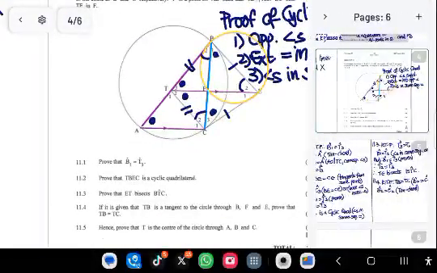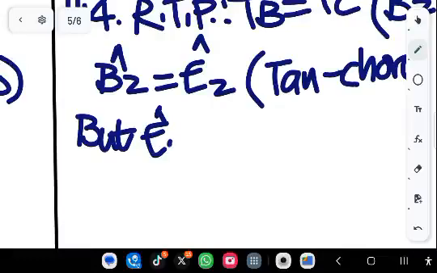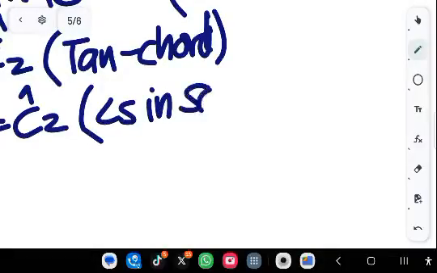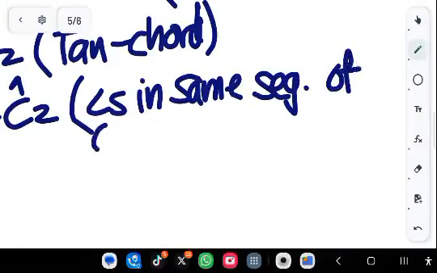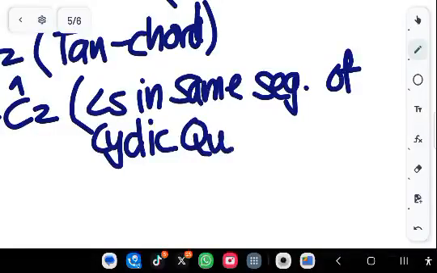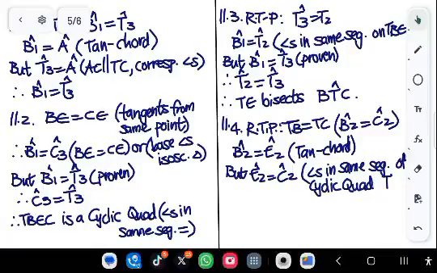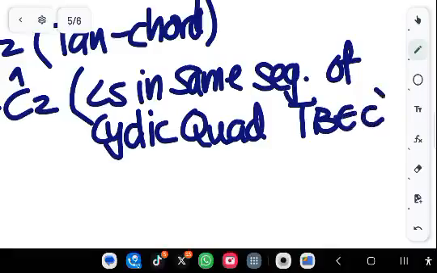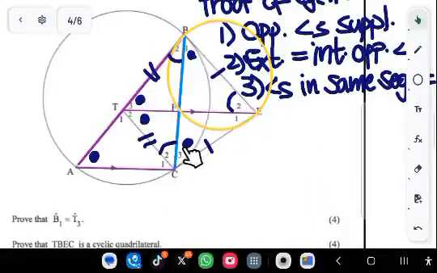So angle E2 equals angle C2, because these are angles in the same segment of cyclic quad TBEC.